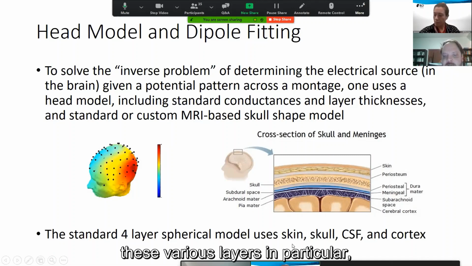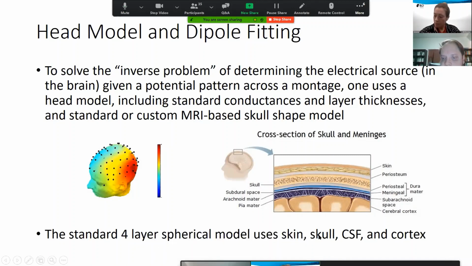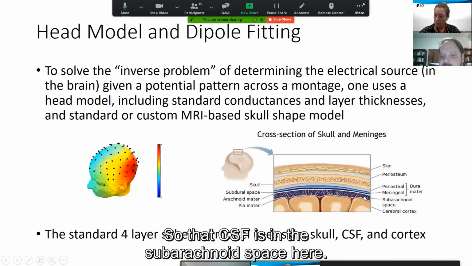In particular, the classical model uses skin, skull, cerebrospinal fluid, and brain tissue, so that the CSF is in the subarachnoid space here.